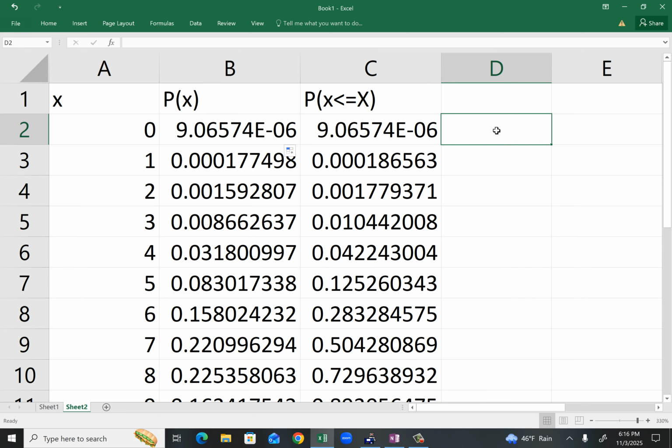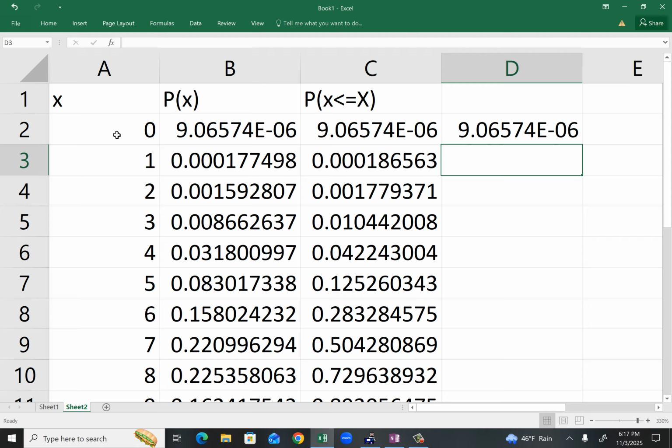Now, what you can actually do is this. Equals BINOM.DIST. The number of successes, let's say I put in 0, out of 12, 0.62. Now again, comma 0, I get this number over here.